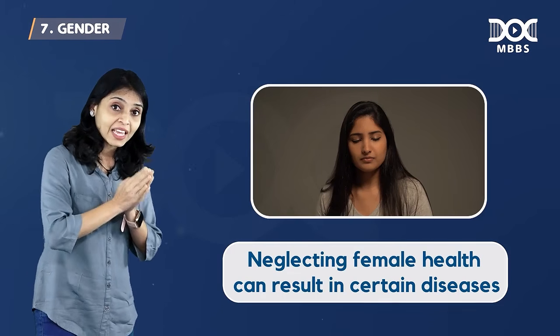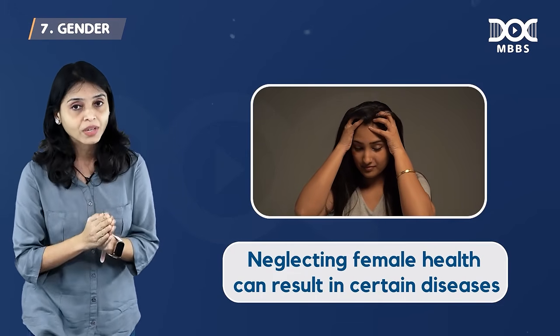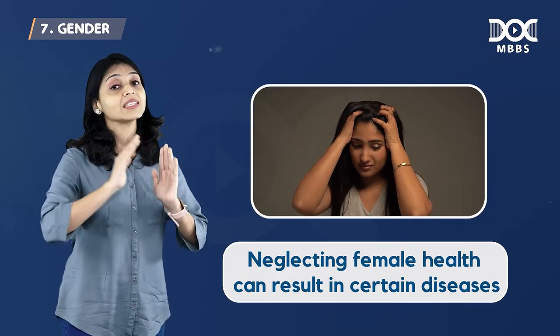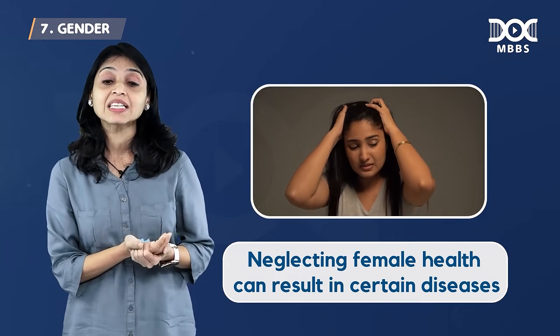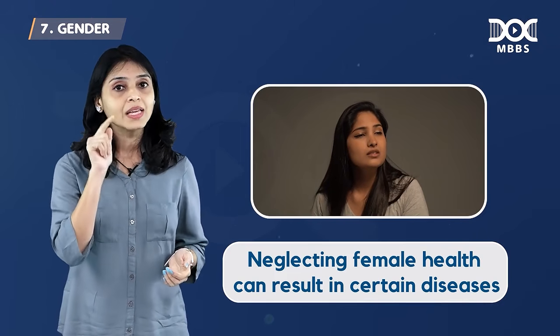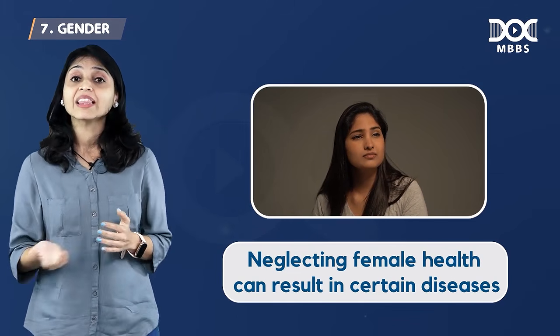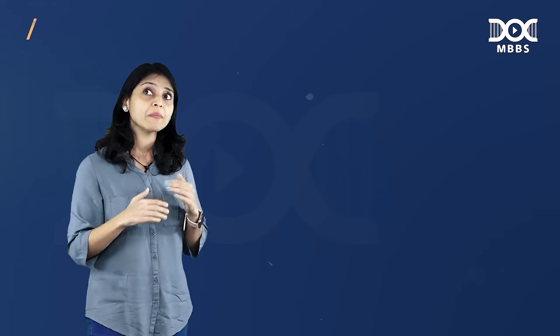Then what else? Gender. Gender here means females. If the health status of females is not given due importance or consideration, there are some diseases mainly seen in females, which you will learn under maternal and child health. Right now, I'm not going into those details. Then come the other factors. What do you mean by other factors?